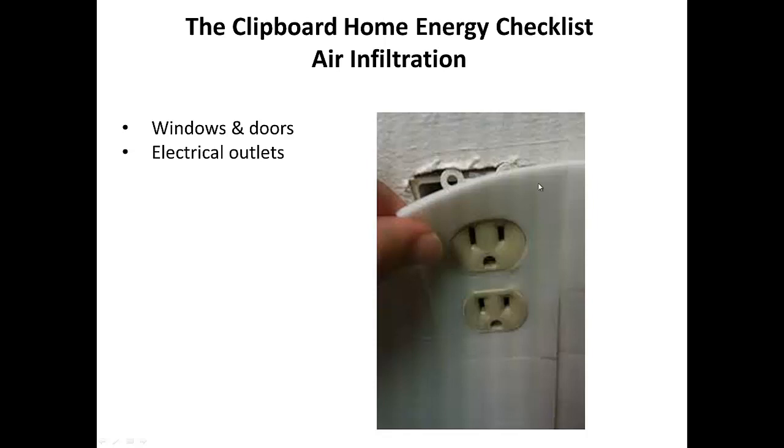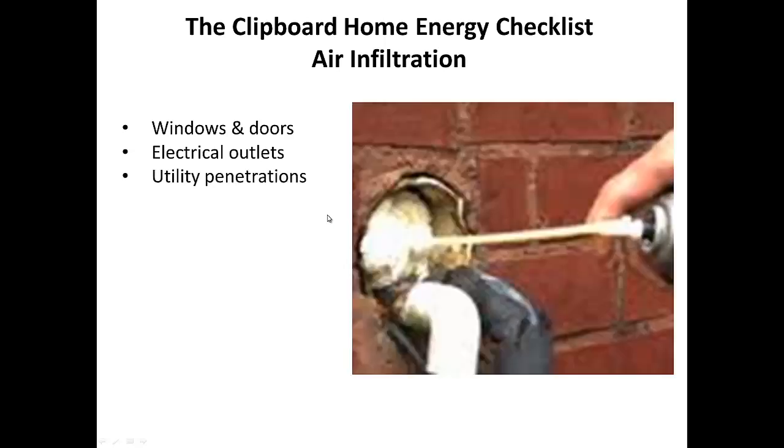What this foam gasket does is help minimize the air that comes around and into the home through electrical outlets. When you put your cover plate on, it compresses around the edge and makes a good tight seal. So this is a great little idea.